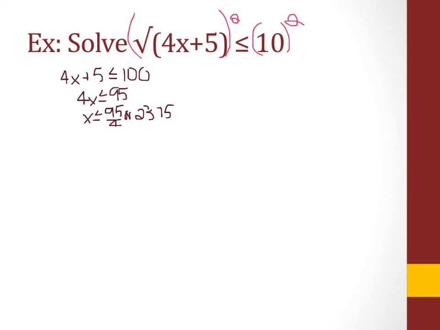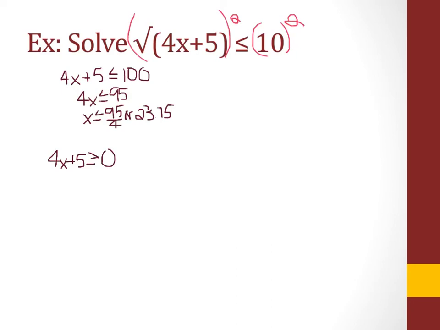Now one thing that's really important to know and to check is we can't have a negative number under the square root in here, unlike what we've been doing early on in this chapter 4. We need to make sure that we're only checking real solutions. So we can't have this 4x plus 5 be negative. To guarantee that, we need to check when 4x plus 5 is greater than or equal to 0.